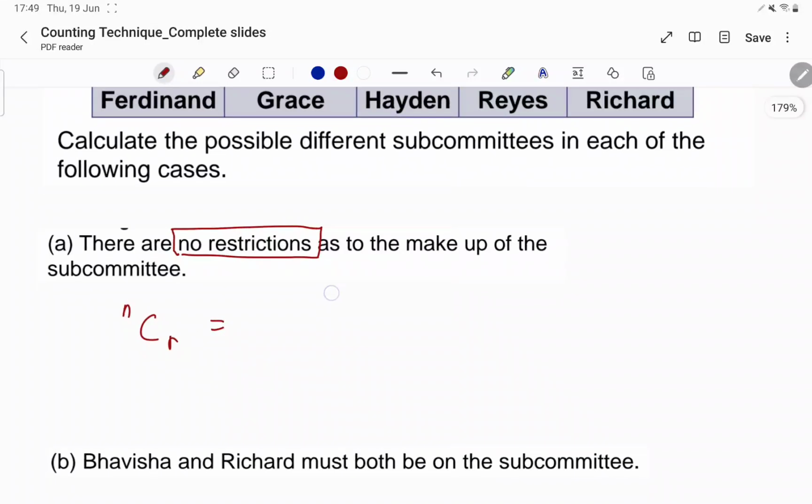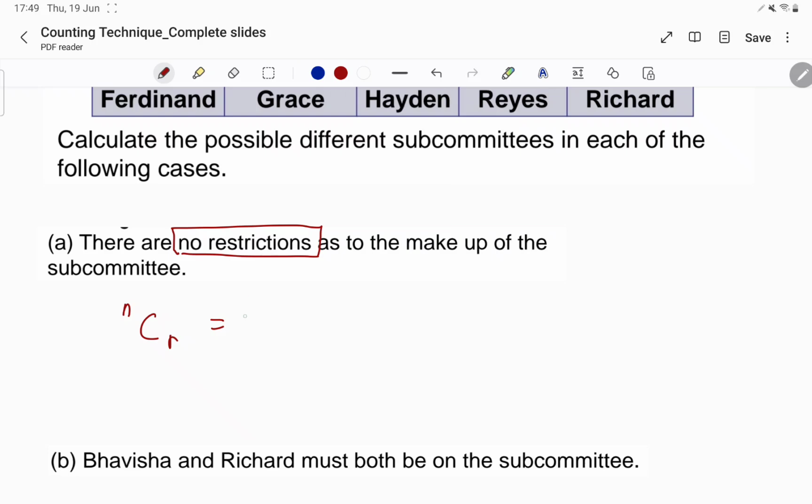Currently our n is equal to 10, and r is the number of committee members that we want to choose, which is 4. So you get 10C4, which is equal to 210. This is the number of ways that we can form the subcommittee for question A when there is no restriction.